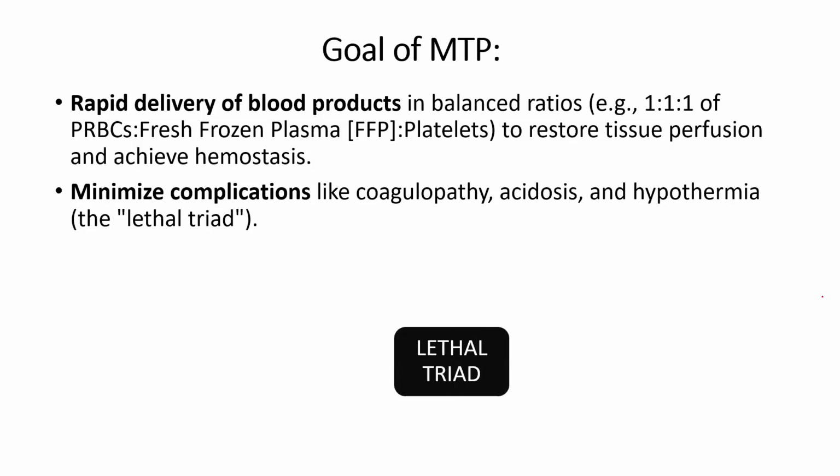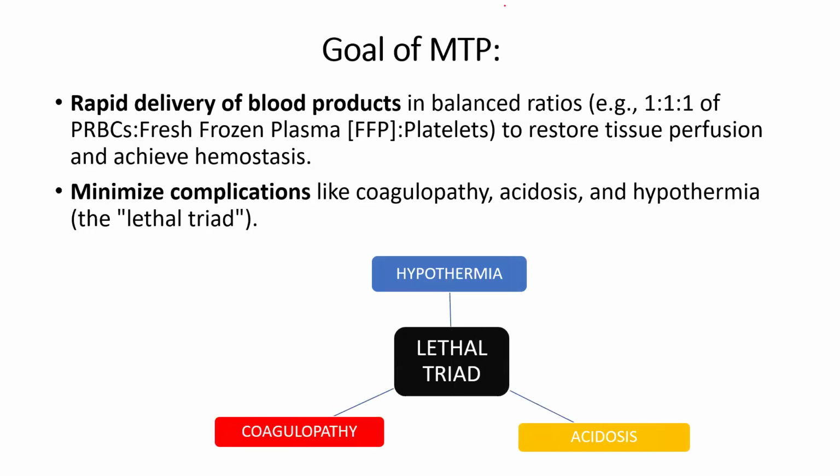What usually they say is that the goal of MTP majorly leans on one parameter, that is your coagulopathy. They say that inadvertent resuscitation worsens coagulopathy. That usually is the only correctable arm which is most probably in our hands as compared to hypothermia and acidosis, because for these two the body's homeostasis has to take care.